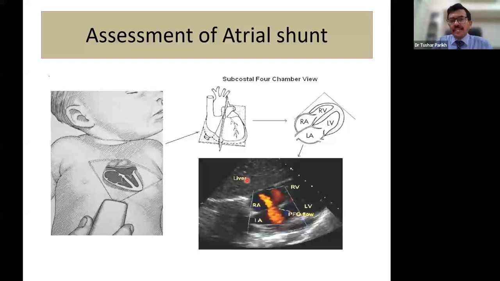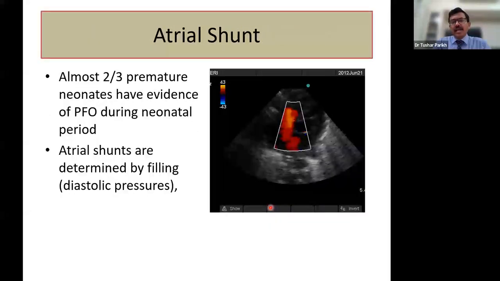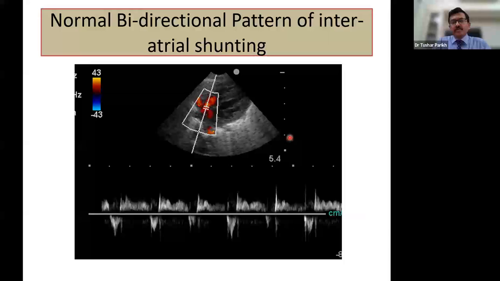Also, you can assess the interatrial septum by the subcostal four-chamber view, and here you will be able to see the interatrial shunt. Again, you can put the pulse wave Doppler across the interatrial shunt, and you get a waveform like this. This is the pattern of interatrial shunting. Normally, as I said, the right-sided chambers contract a little earlier than the left-sided.